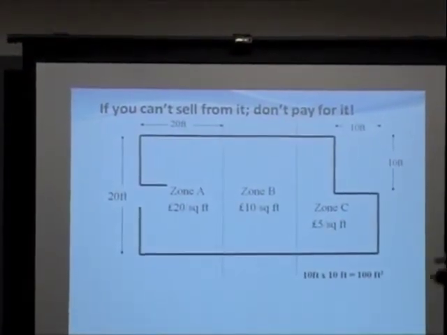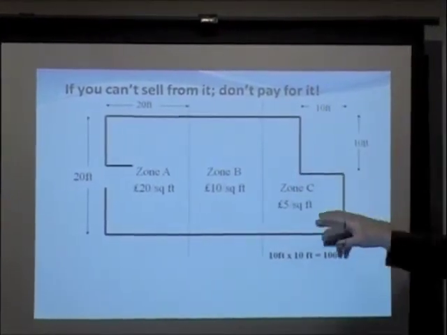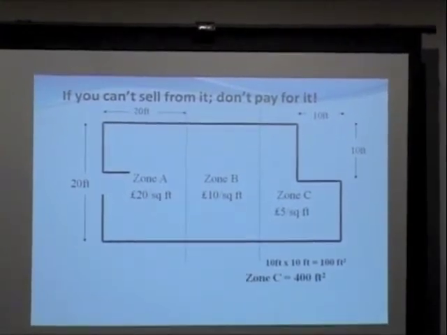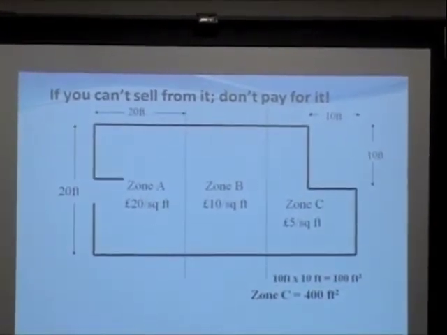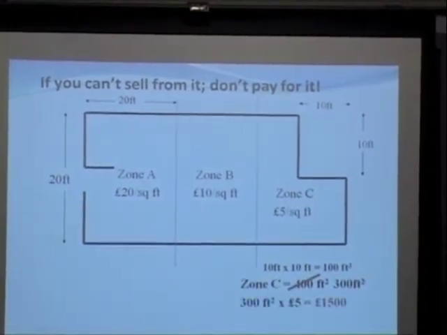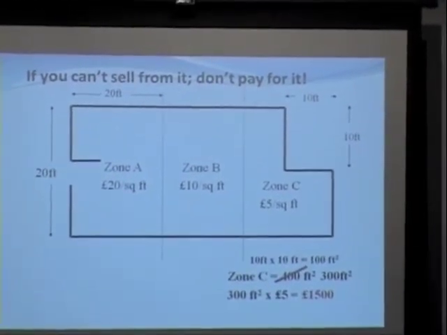So it's 10 foot by 10 foot, that's 100 feet. So zone C is not 20 by 20, i.e. 400 square feet. You take that bit out, it's actually only 300 square feet. Which, if it was worth £5 a square foot, is £1,500.